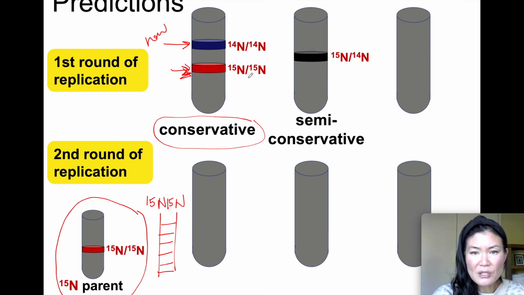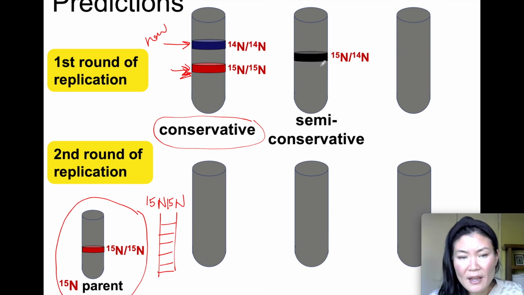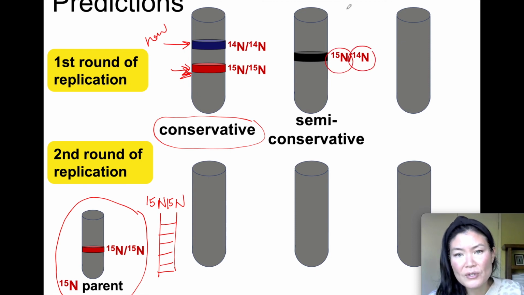Whereas the semi-conservative idea is that after DNA is allowed to replicate, you have half nitrogen 15, half nitrogen 14, right? Originally we started off with nitrogen 15, but if you allow the DNA to replicate, each strand is going to act as a template. Nitrogen 15, nitrogen 15.